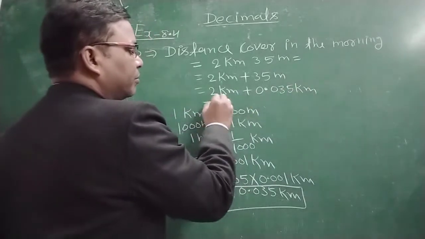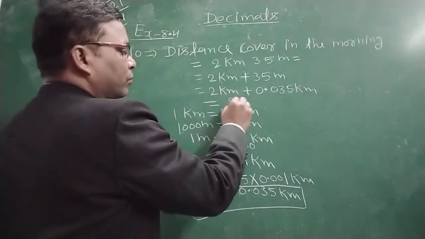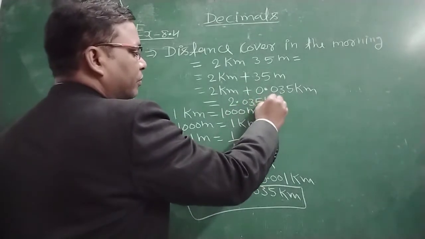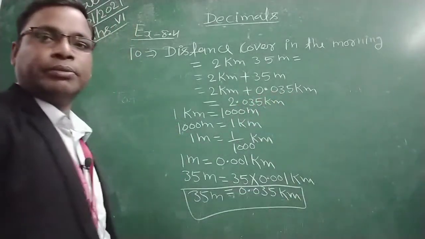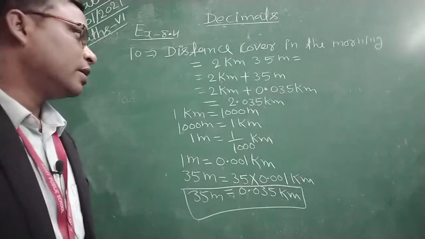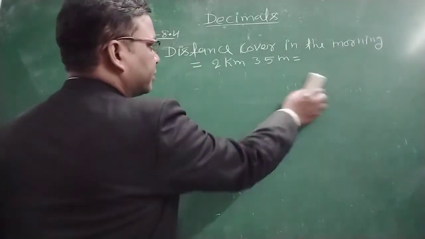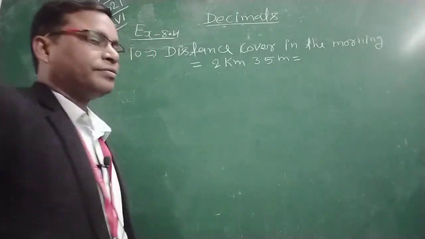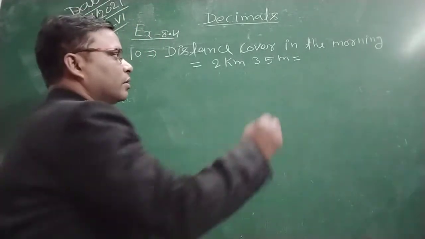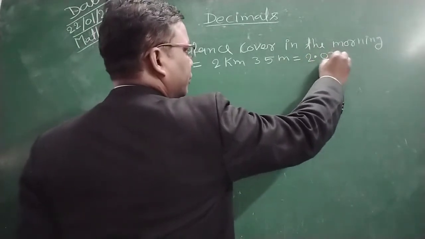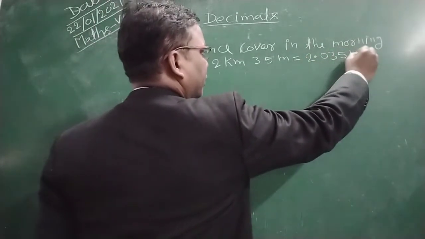If we add them, then we get 2.035 kilometer. This is clear. So we can write here 2.035 kilometer.